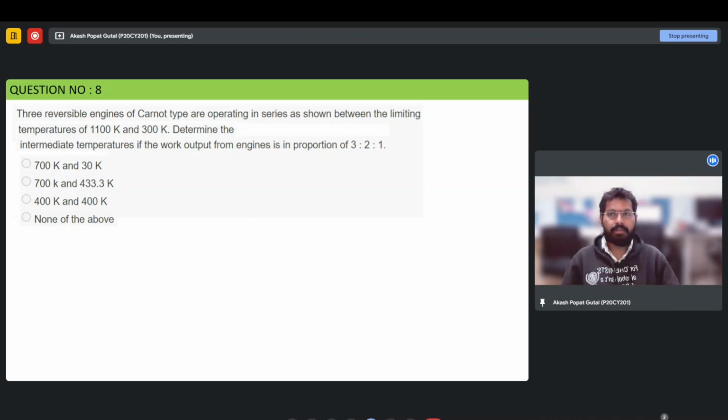So please take 5 minutes to solve this question. It's a little lengthy. You need to do more paperwork for this. Please do.